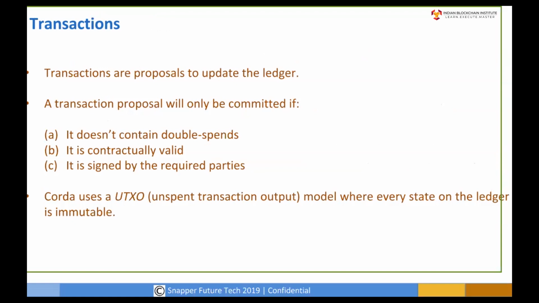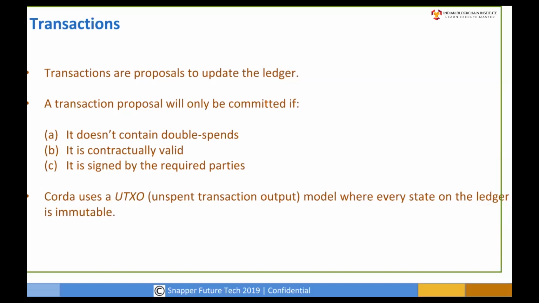So a transaction is a proposal to update the ledger. Whenever a client application, let's say, submits some form, that is a transaction proposal sent to the network. A transaction proposal will only be committed if it doesn't contain double spends. So if the same type of transaction was not done earlier, then only the transaction will be committed.